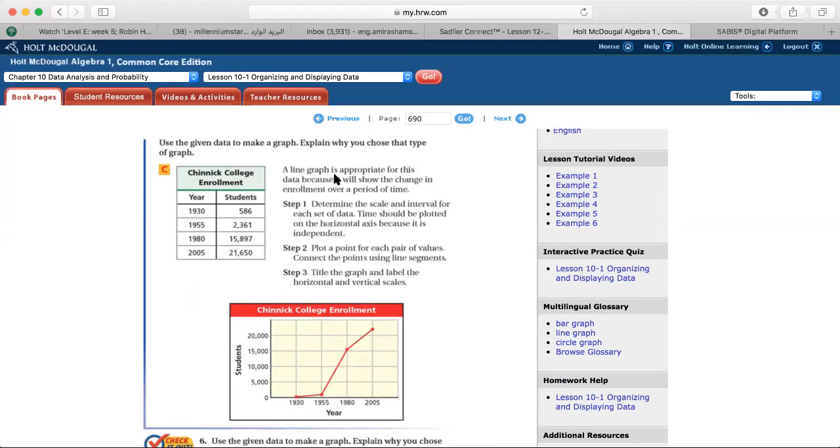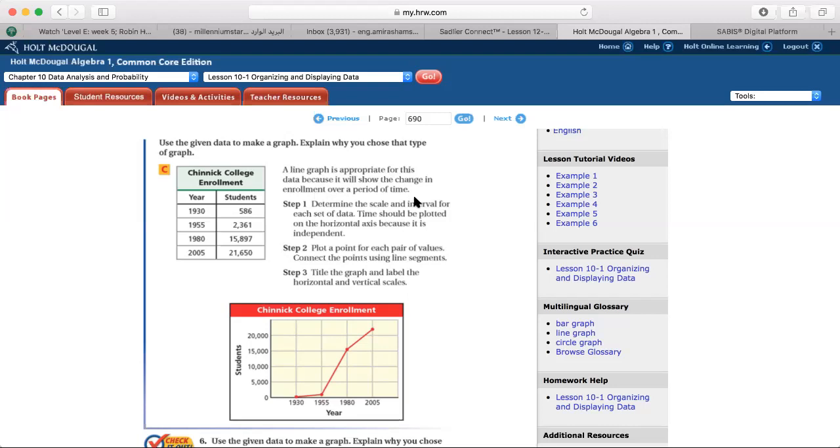A line graph is appropriate for this data because it will show the change in enrollment over a period of time. So, when you're going to decide which graph you're going to use, if there is a change like increase or decrease, it is better to choose a line graph.